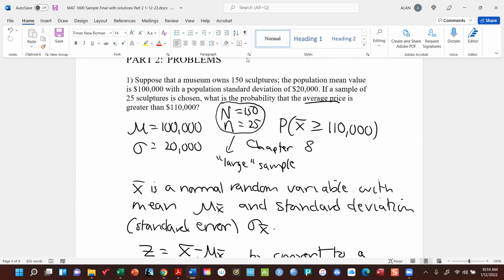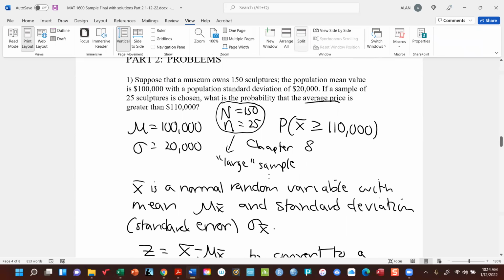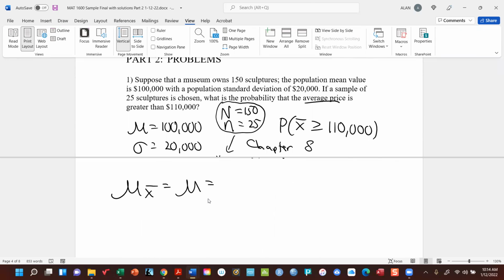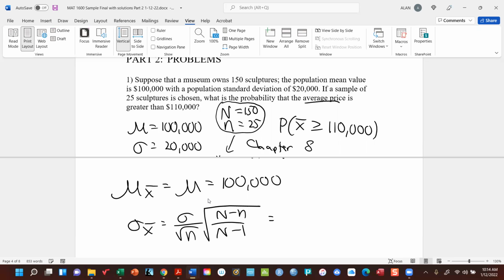In fact, let me split the screen so we don't have to scroll up and down 100 times. $100,000, and then the standard error, so you'll have 20,000 over the square root of 25, and then here we'll have the square root of 150 minus 25 over 150 minus 1.